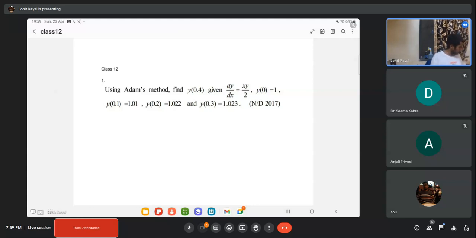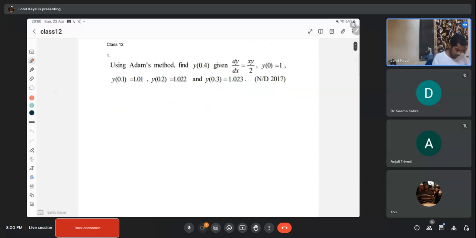The first question: you need to solve it using the Adams-Bashforth technique. Let me write the formula for you. The calculation is very straightforward, but it is a bit lengthy.